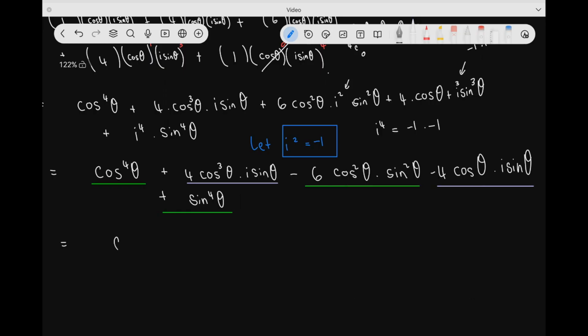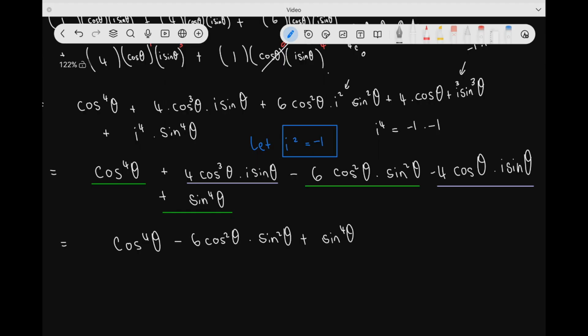So now I'm just going to rearrange it very nicely. Cosine 4 theta plus, oh, excuse me, that was a minus, minus 6 cosine squared theta times sine squared theta plus sine 4 theta.